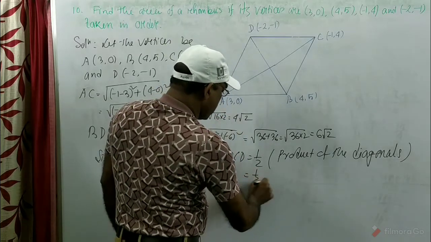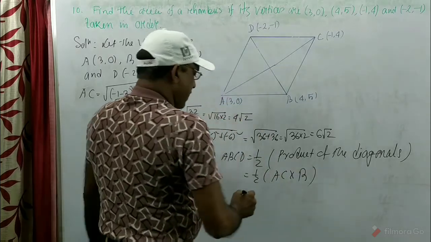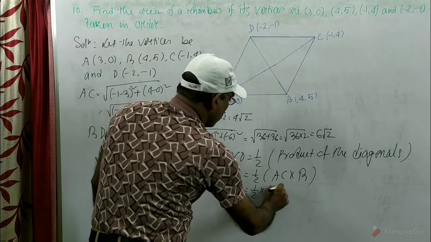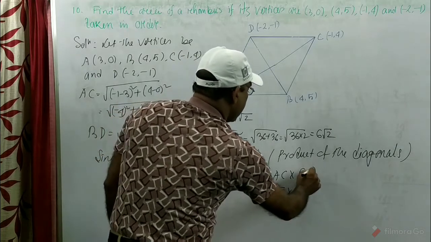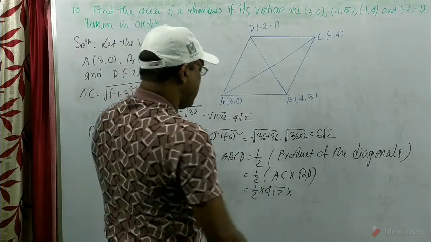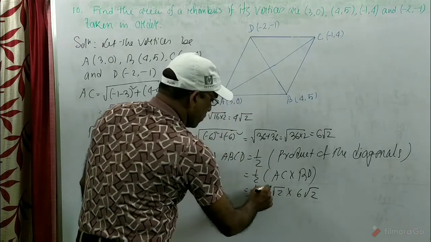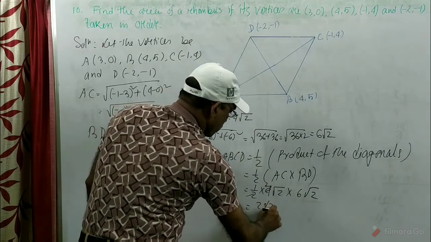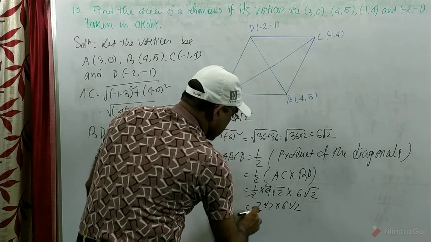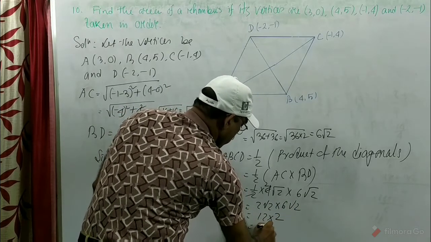Product of the diagonals means AC into BD. And AC, we know, is 4√2 and BD is 6√2. So half into 4√2 into 6√2, the 2 cancels, we get 2√2 into 6√2, and this will be 2 times 6, 12, and √2 into √2 is 2. This will be 24.